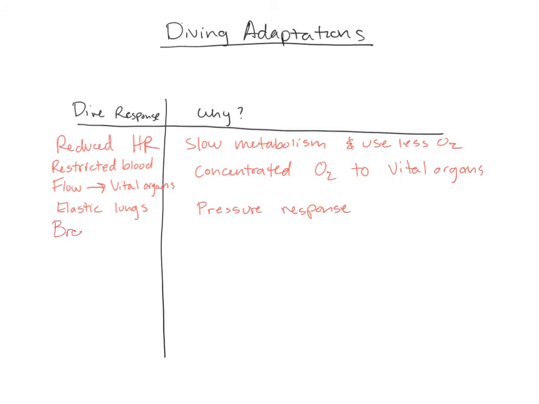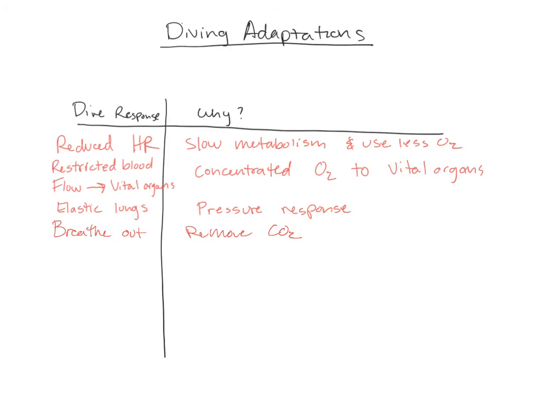And along with that, breathing out will remove carbon dioxide, which is generally the signal that you use to tell yourself that you need to take another breath. So if you relieve all the carbon dioxide, you're going to be able to hold your breath longer.